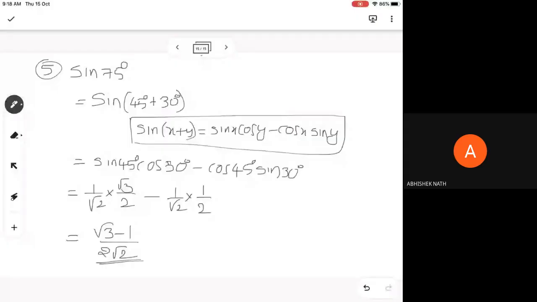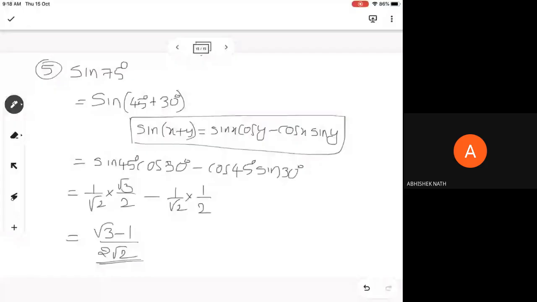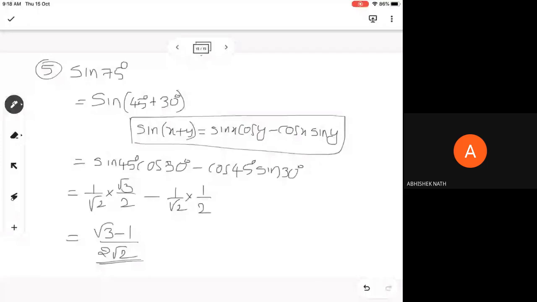We know the values of the 45 degrees angle and the 30 degrees angle, the angles we have already derived: 30 degrees, 45 degrees, 60 degrees, and 90 degrees. These are already well known, so take those combinations. You can even write 60 plus 15 and expand using this formula, and you are going to get 15 degrees. But we don't know the value of 15 degrees first.